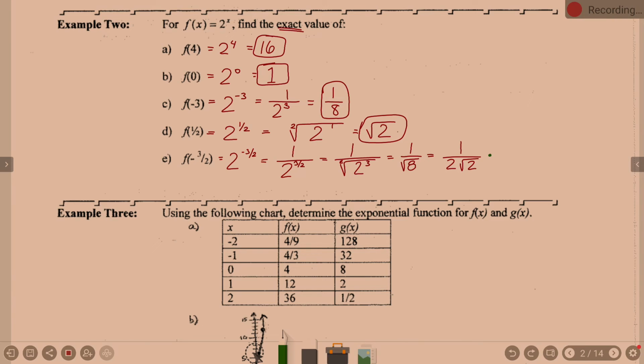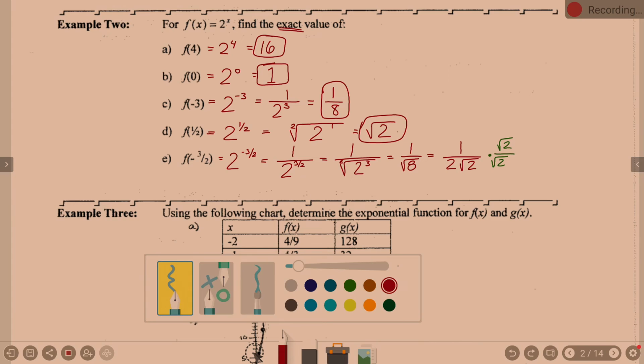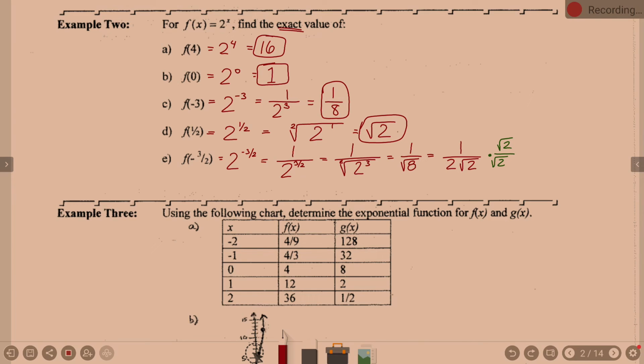So we're going to multiply by square root of 2. What I do in the denominator, I do in the numerator. So, square root of 2 over 2 times the square root of 4. And what is 2 square root of 4?